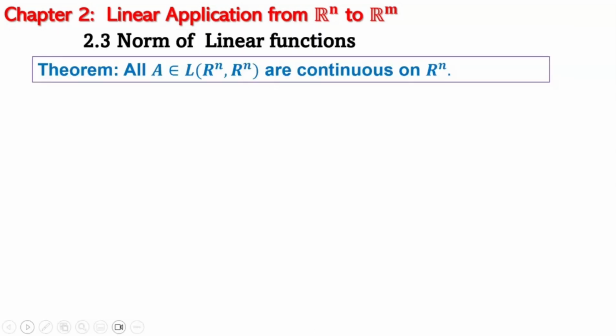The next part is a theorem. It says that if A is a linear function from Rn to Rn, then it is continuous on Rn.